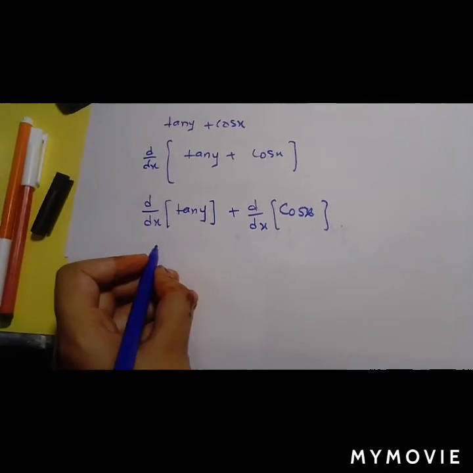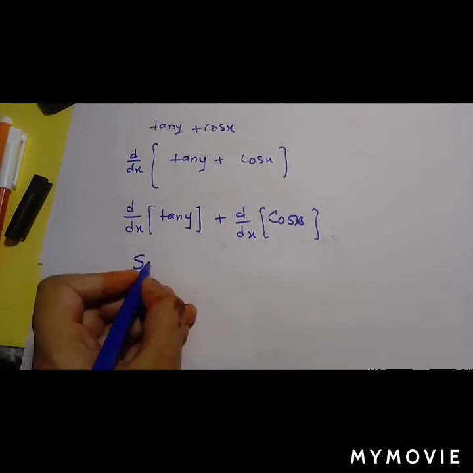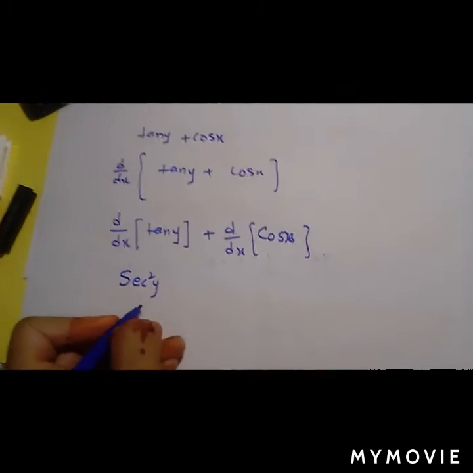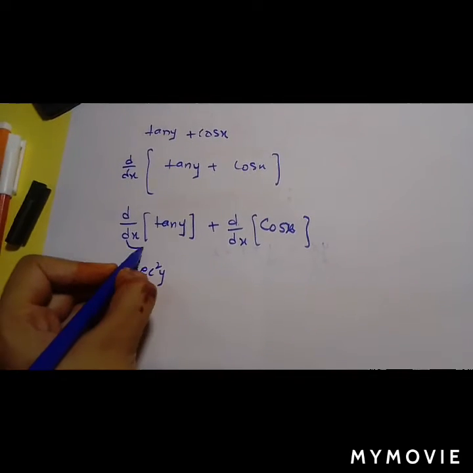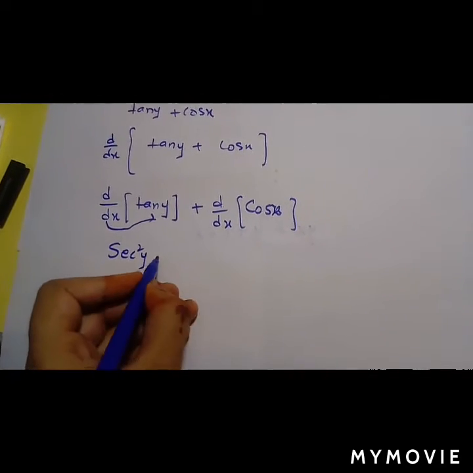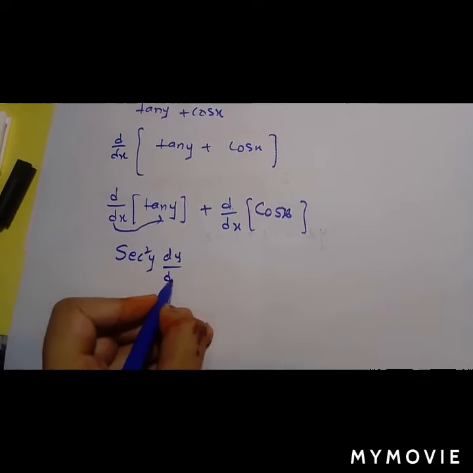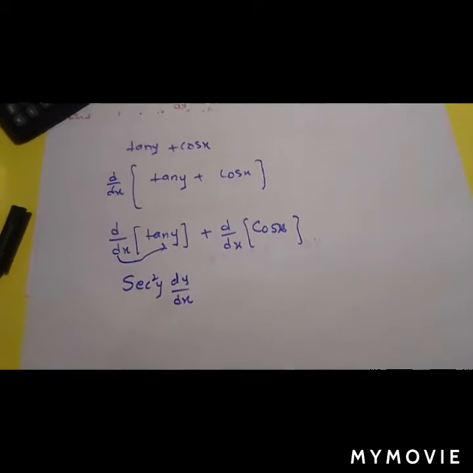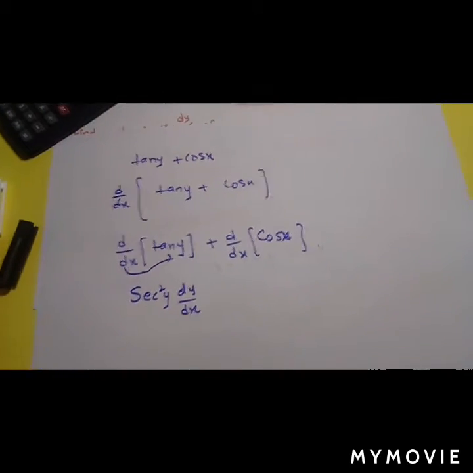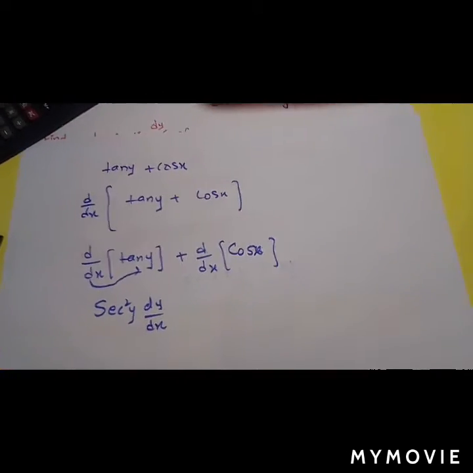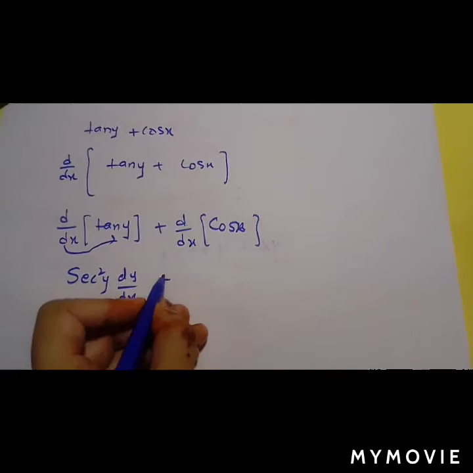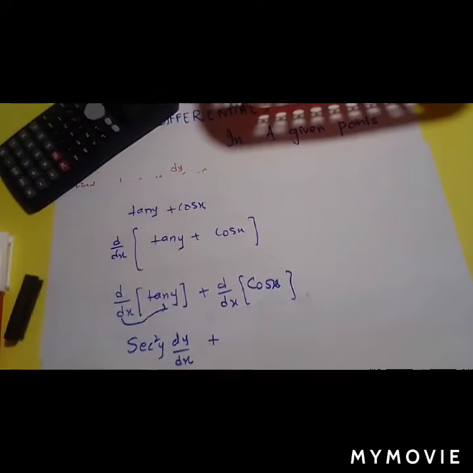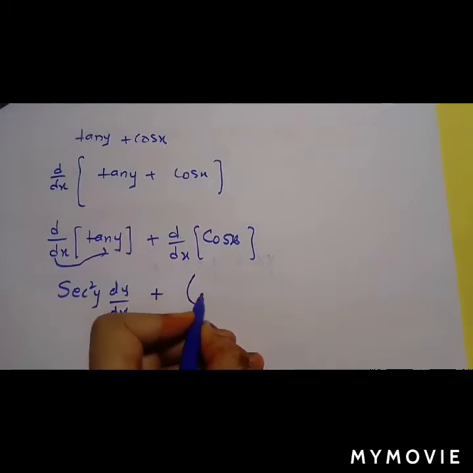The derivative of tan of y is secant square of any angle. Then we can write it secant square of y. Then take the derivative of the inner function, we find dy by dx, because this is the rule for derivative. Firstly take the derivative of the outer whole function, then take the derivative of the inner function. Similarly, the derivative of cos of x is minus sine of x.